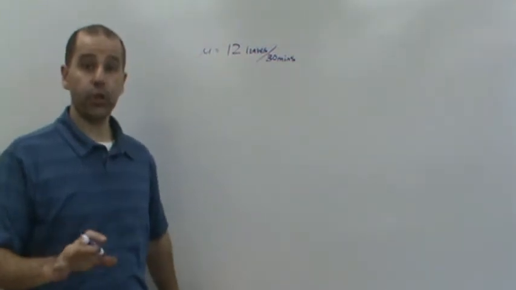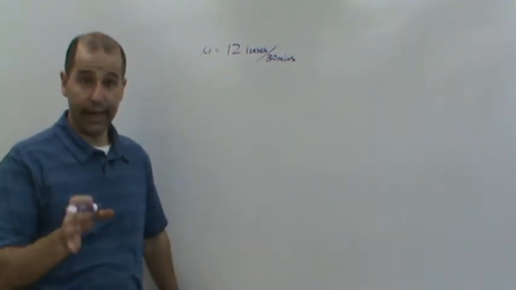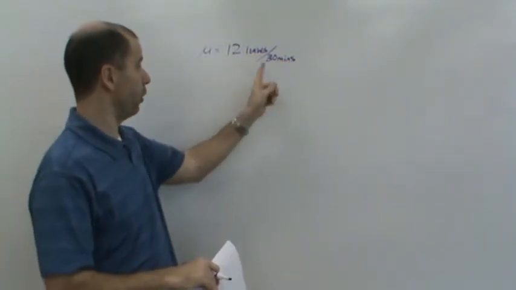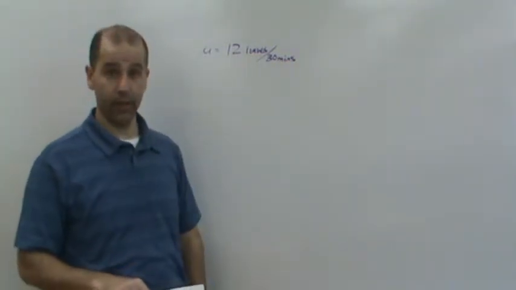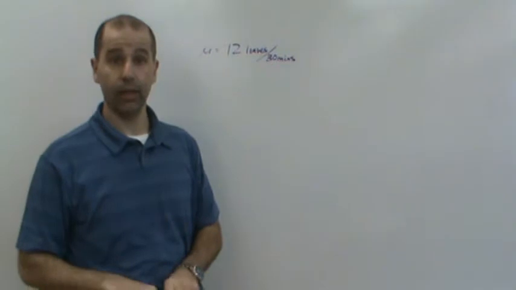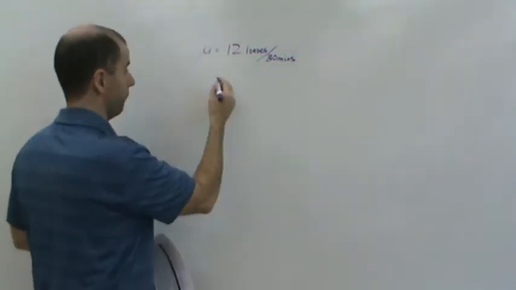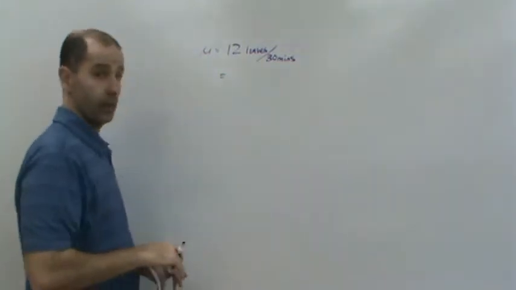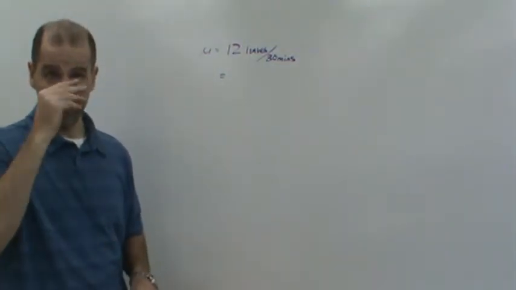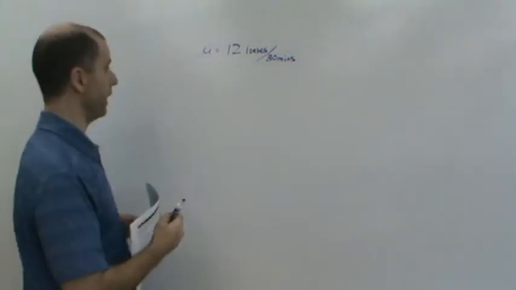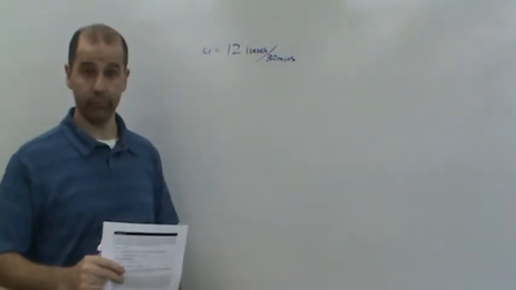So you need to make sure you put the units down correctly, okay? So here's the rate. It's 12 loaves per 30 minutes. So what's the rate per minute? Well, we're going to have to divide that. We're not going to do that now, but just keep that in mind, okay? Because we're going to have loaves per minute, okay?